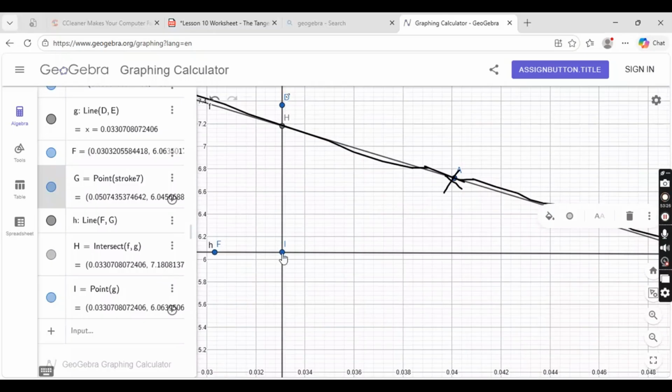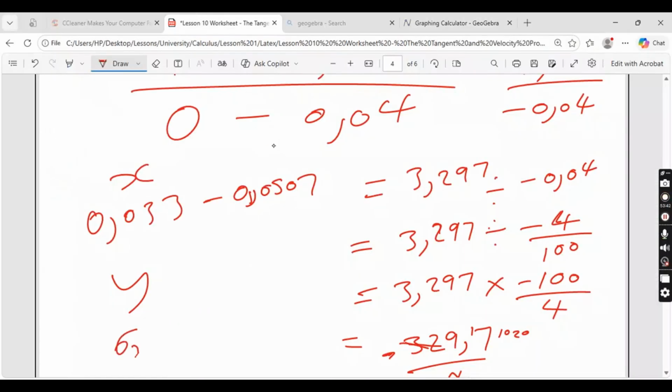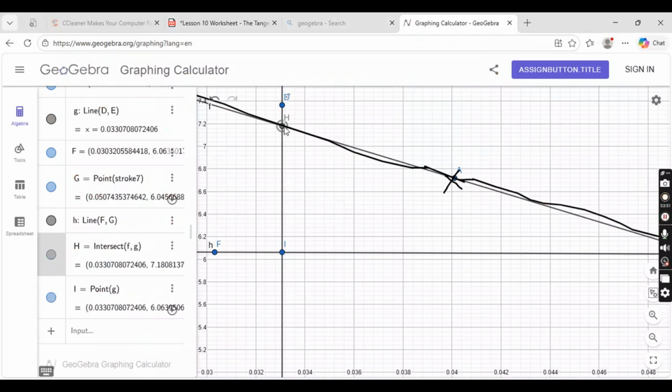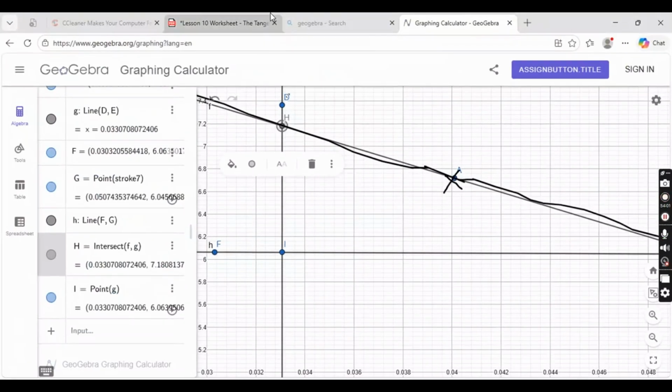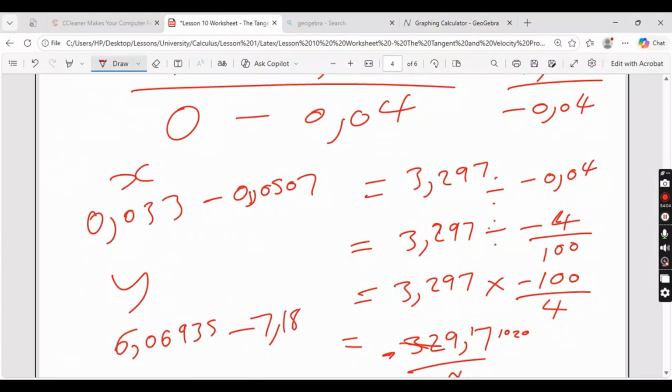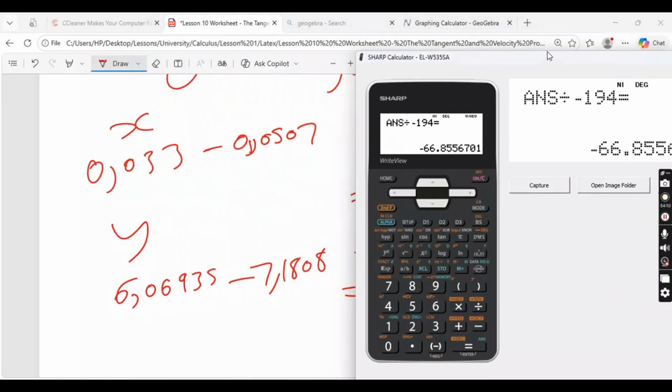We have 6, 0.0639, 395, 6, 0.06, 6, 0.06935, and we also have 7.1808. Okay, so let's try and work this out.